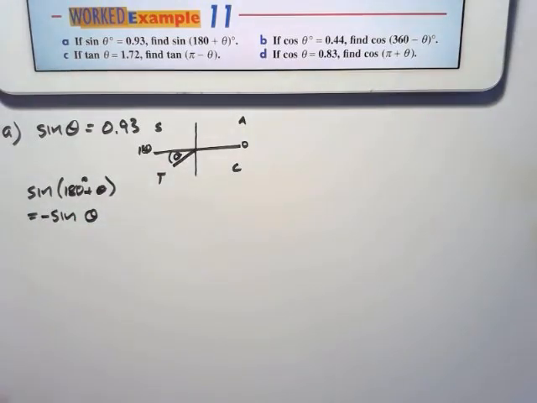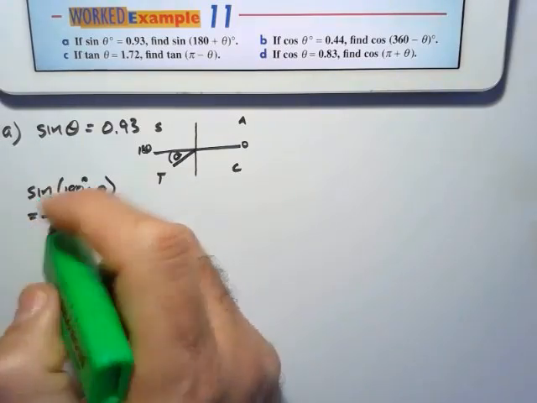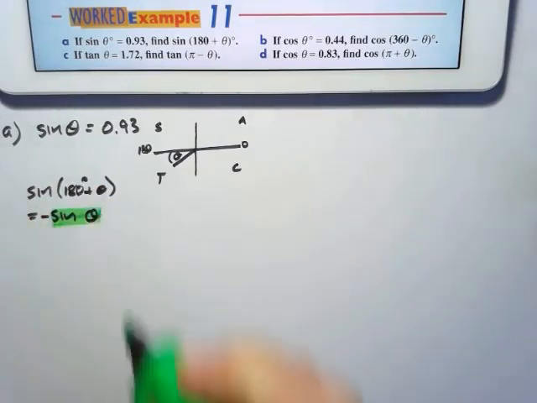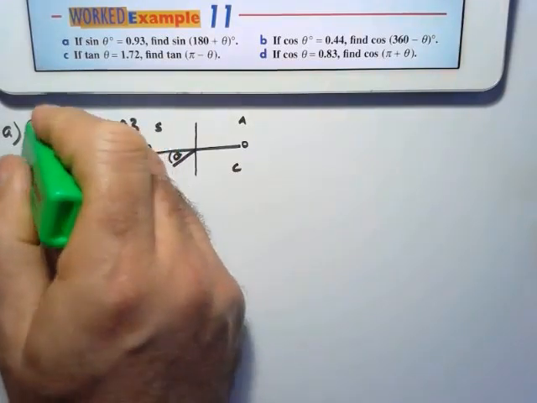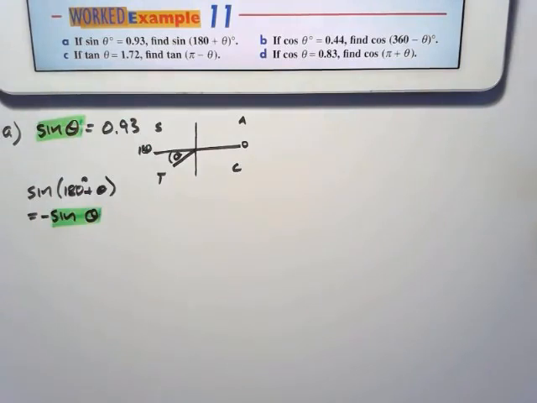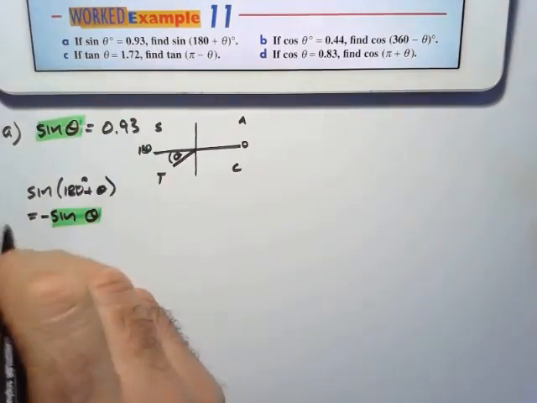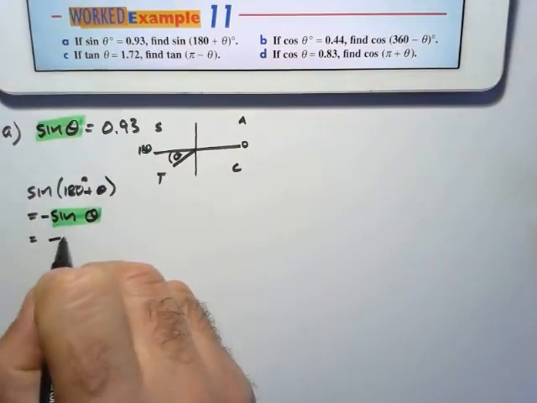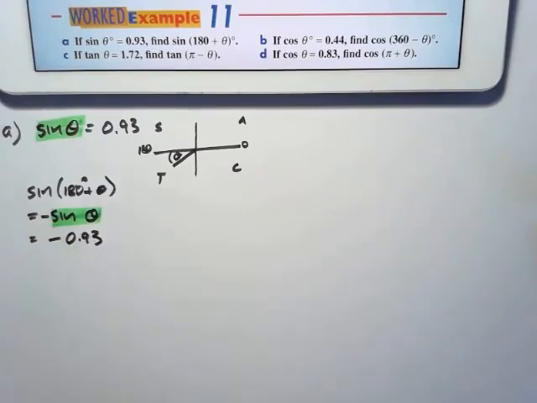We already know that the sine of theta, we know what the sine of theta is. The sine of theta equals 0.93, which means this is the same as negative 0.93.